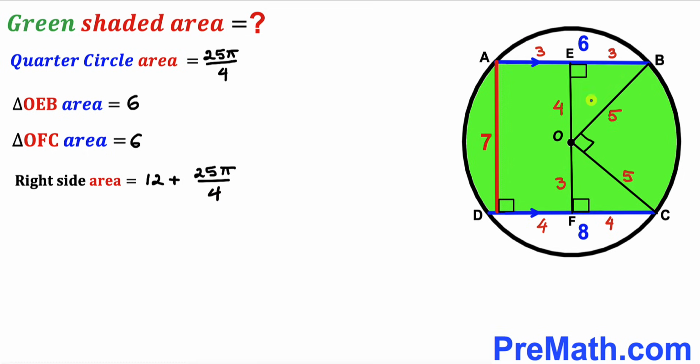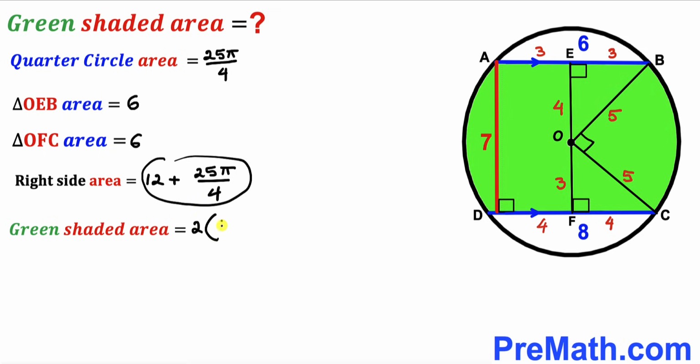And we know that this left hand side area is the same as the area on the right hand side by the definition of symmetry. So this whole green shaded region area is going to be twice this area. So I can multiply 2 times 12 plus 25 pi divided by 4.